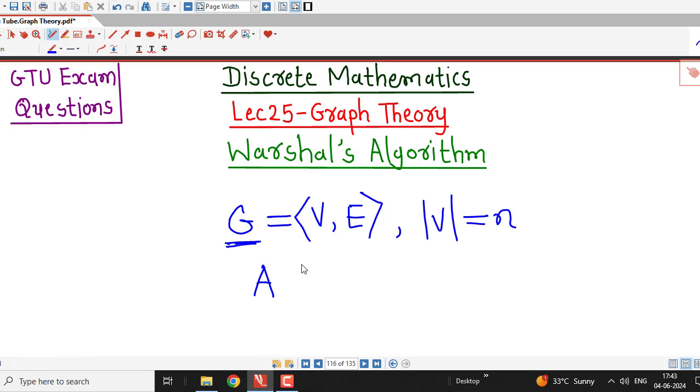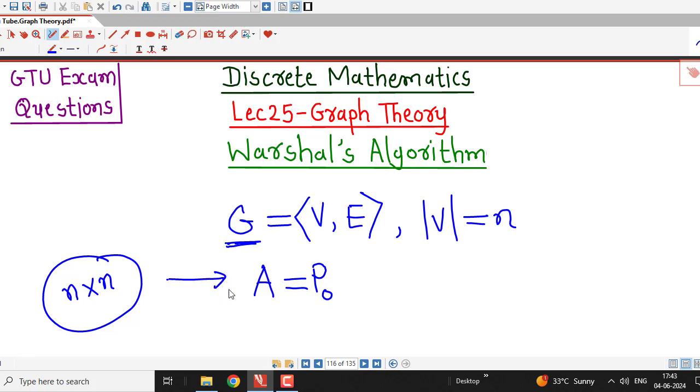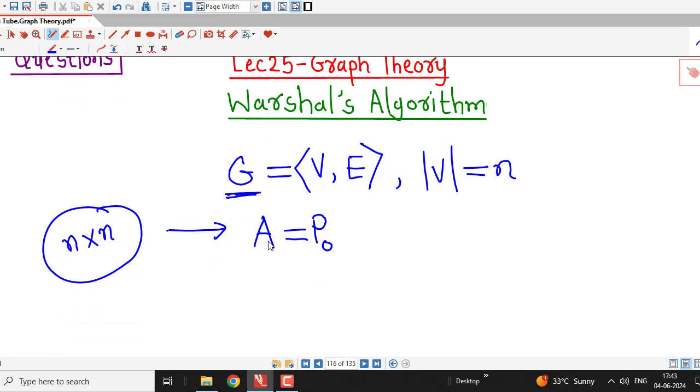We know that if we have n vertices, then the adjacency matrix of the given graph is a square matrix of order n, and that adjacency matrix will be denoted by P suffix 0. The first step of Warshall's algorithm is to write the adjacency matrix of the given graph G, which we denote by P suffix 0.